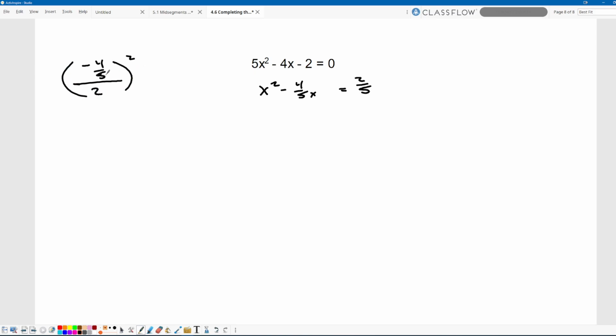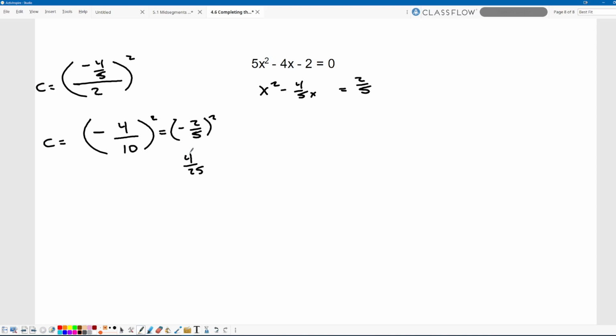So when you take a fraction and divide it by a fraction, you get negative 4/10 squared, which I'll go ahead and simplify before I actually square this, just so the numbers stay small. It's negative 2/5 squared, which gives you 4/25. So that's my new c value.